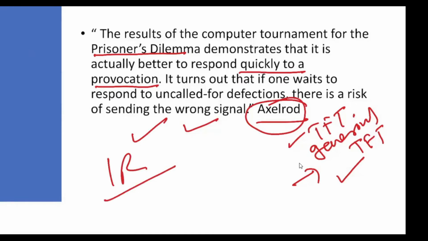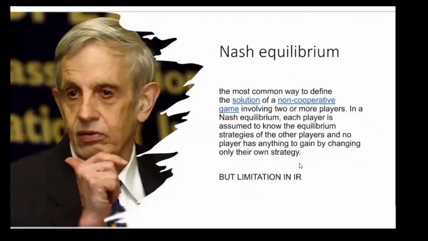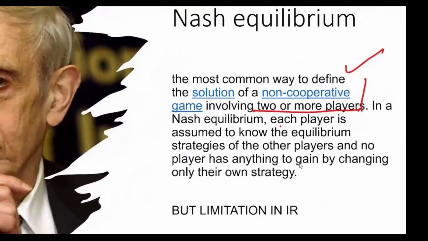Next, there is one mathematical concept called Nash equilibrium. Nash equilibrium is the most common way to define a solution to non-cooperative game involving two or more players. International relations is about non-cooperative game involving more players. This is true. In a Nash equilibrium, each player is assumed to know the equilibrium strategies of other players, and no player has anything to gain by changing only their own strategy.